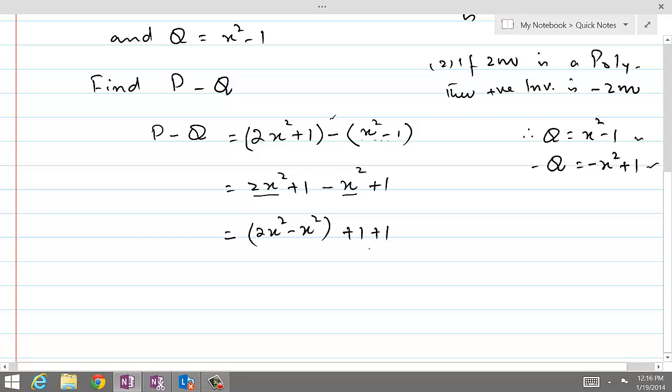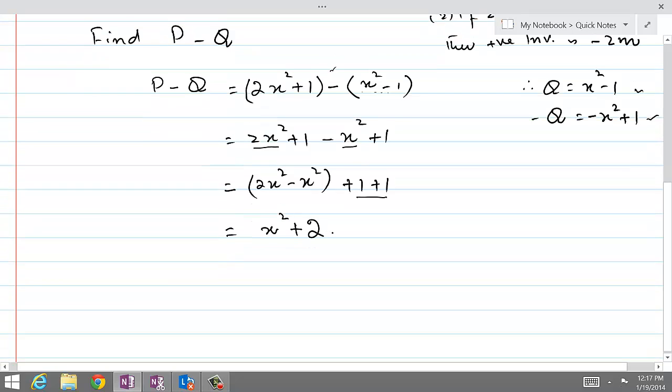They are like terms, so we can group them together as well and perform the ordinary addition. 2x squared minus x squared gives us just 1x squared, and plus 1 and plus 1 gives us plus 2, and that would be the difference p minus q.